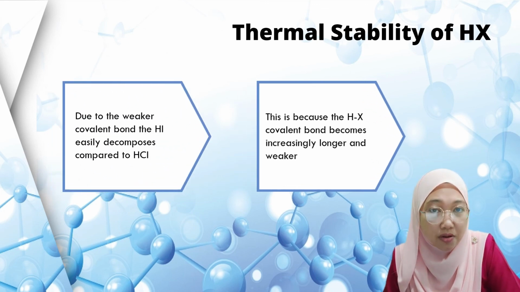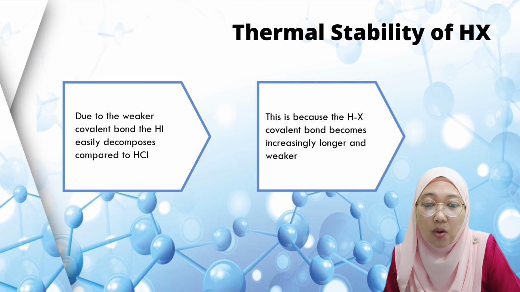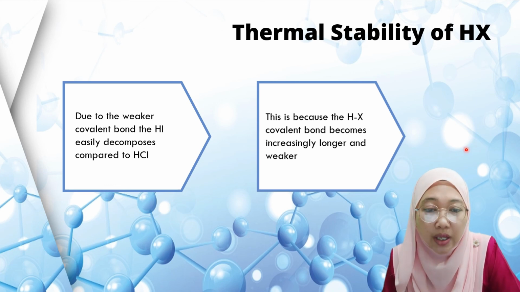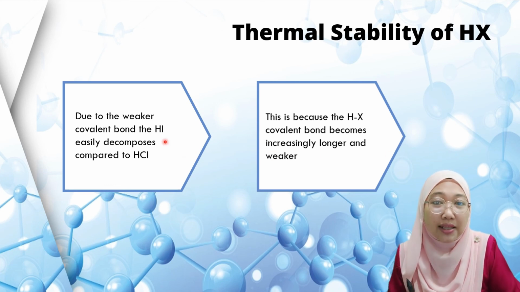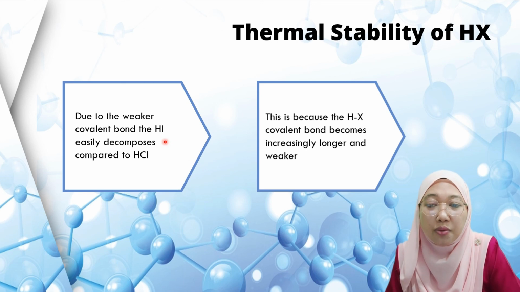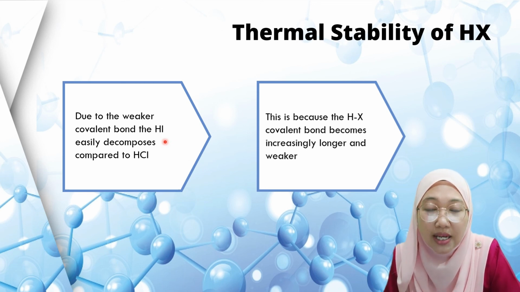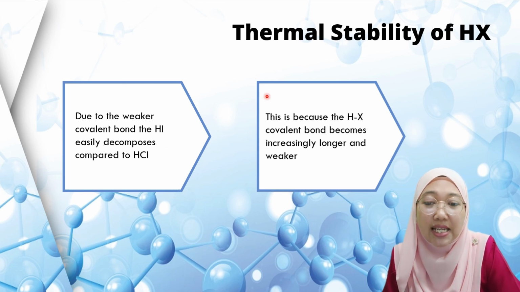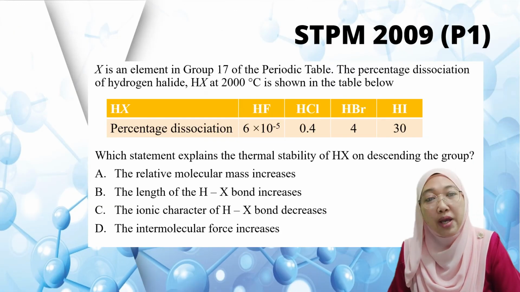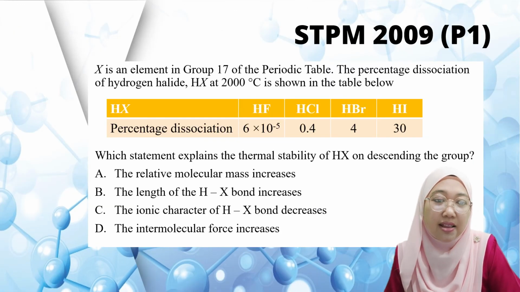This is because the H-X covalent bond becomes increasingly longer and weaker. That is the bond length we saw earlier. Due to the weaker covalent bond, HI easily decomposes compared to HCl.